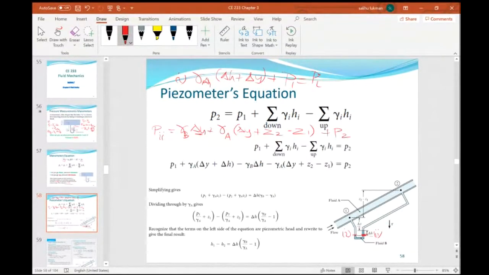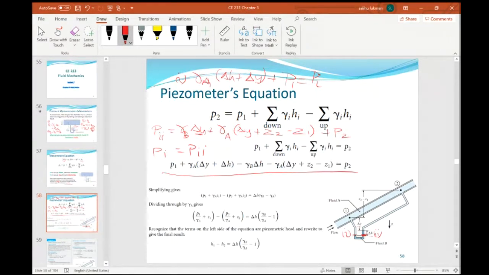All we need to do, because I and II are at the same elevation, is that PI is equal to PII, meaning the pressure at point I is equal to the pressure at point II, because they are on the same horizontal level. If you equate them together, that is how you will arrive at this long expression.